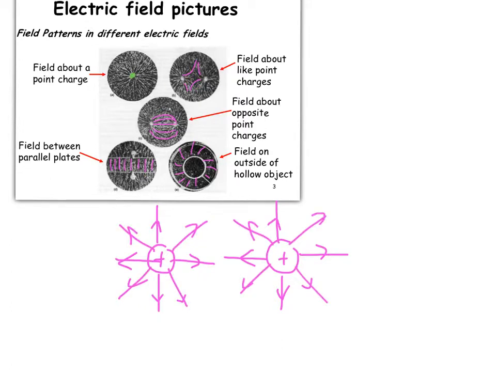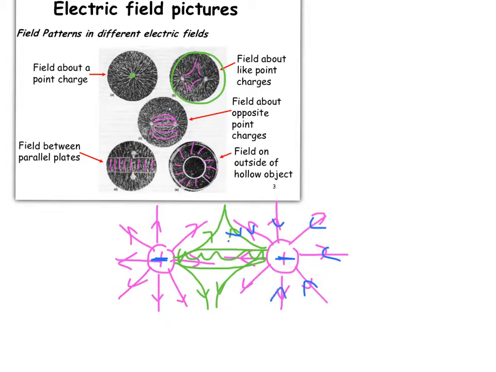So what happens at this intersection? You can see quite clearly that these two will cancel each other out. So what you land up with is a field that takes on this shape over here. The exact same thing would happen if I were to make these negative charges, except that all my arrows would be pointing from positive towards negative, but the shape of the field would be exactly the same.